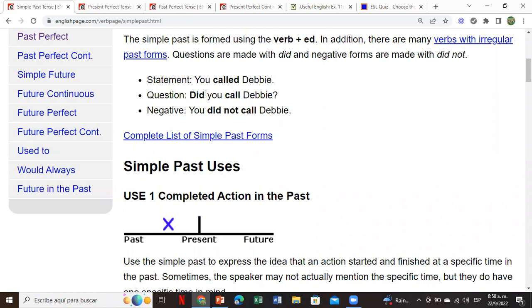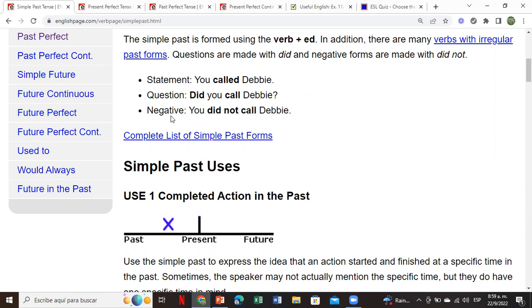So, question: did you call? And also, Debbie is third person, but it's not necessary to add an extra s because now I have the auxiliary there. So, did you call Debbie? And always the question mark.